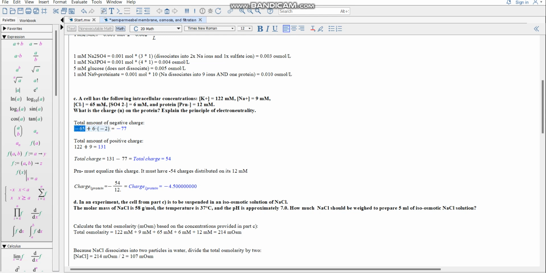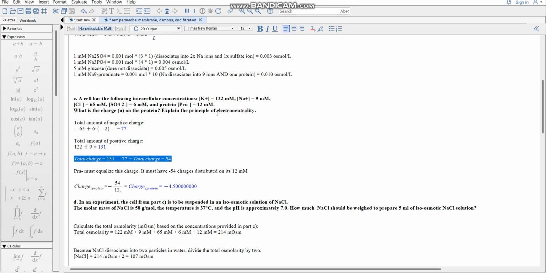So minus 65 is from chloride, and 6 times minus 2 is from here, giving us a total negative charge of minus 77. Total amount of positive charge is from potassium, 122, plus 9 from sodium, giving a total positive charge of 131. So the total charge here is 131 minus 77, giving us a total charge of 54.